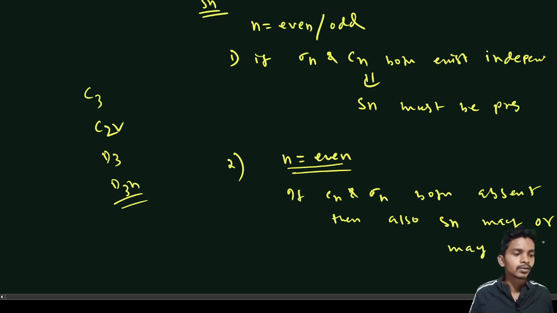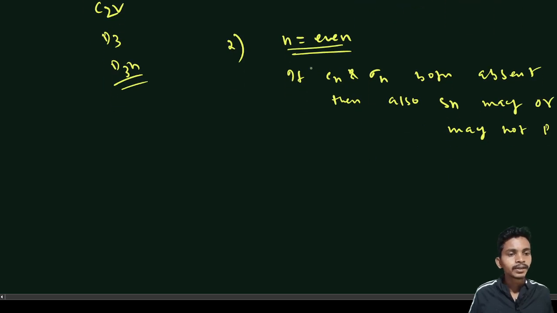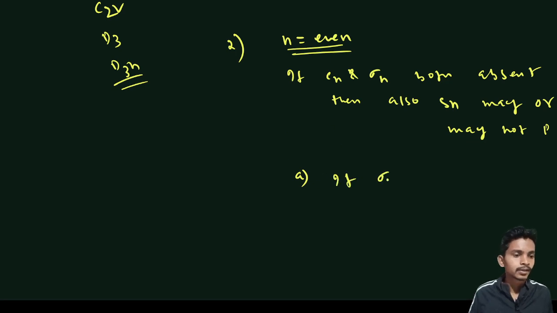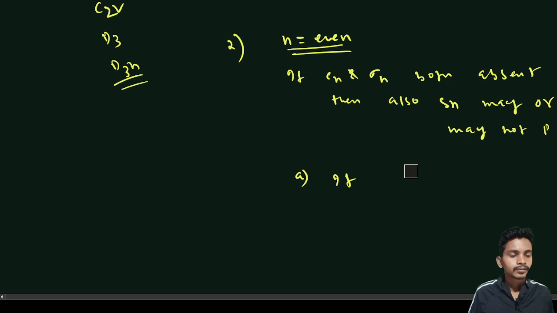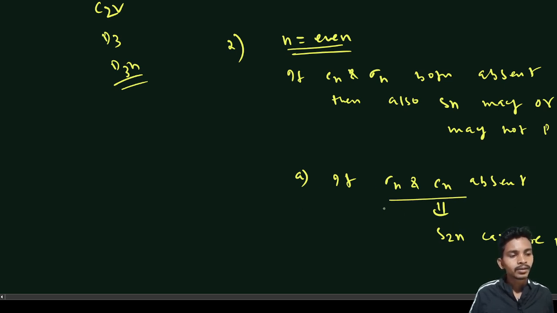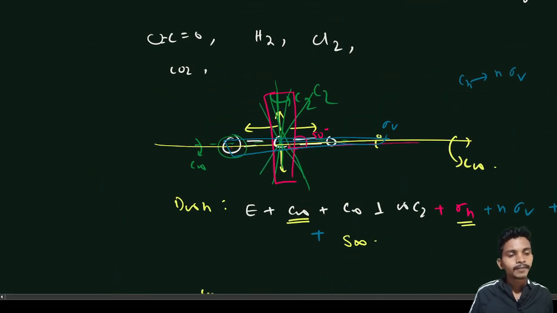may not be present. Okay, and if Sn is present, and here 2a, so if sigma h and Cn are absent, then S2n can be present. We have to look at this. So if both are absent, or if sigma h is absent, then S2n can be present or may not be present.